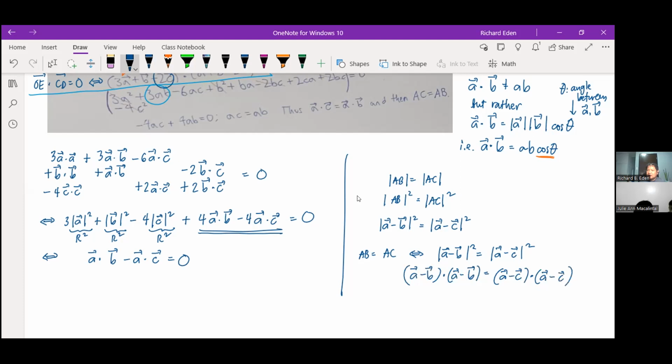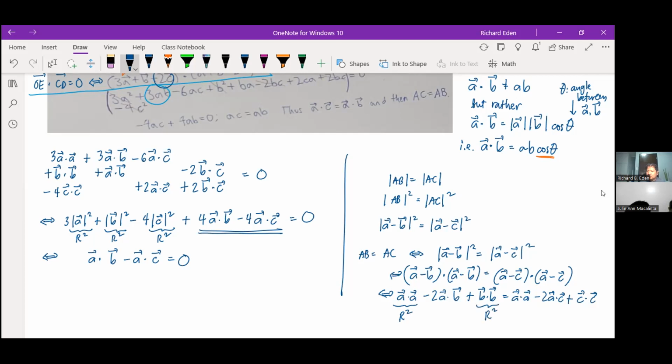So what this shows is that we still have a lot to thresh out here. All right, but then this is equivalent to, well, we see there are things that are going to cancel on both sides. So you have A dot A, and then minus B dot A minus A dot B, so minus 2A dot B, and then plus B dot B equals something similar, A dot A minus 2A dot C plus C dot C. The square of the length of A is the circumradius squared.